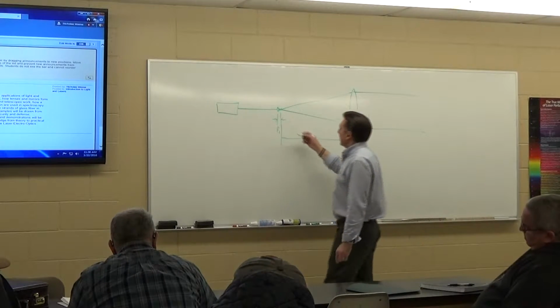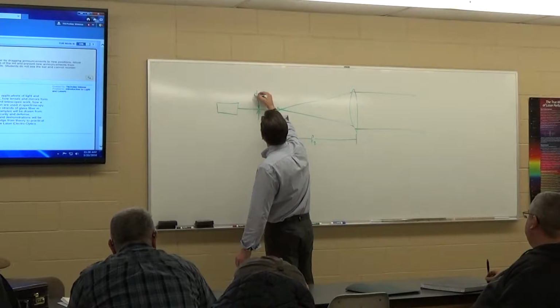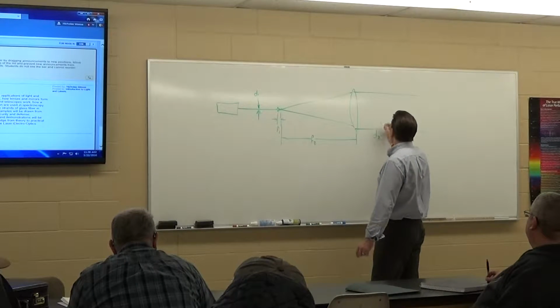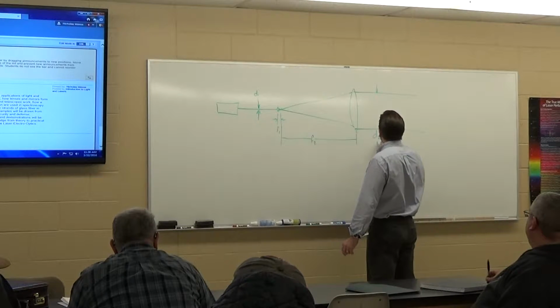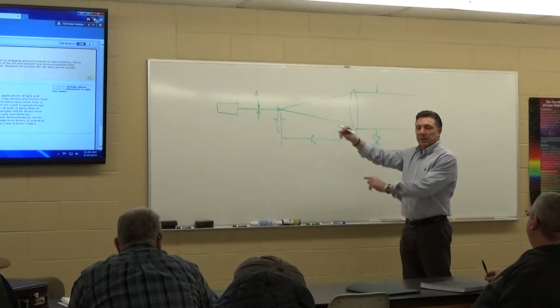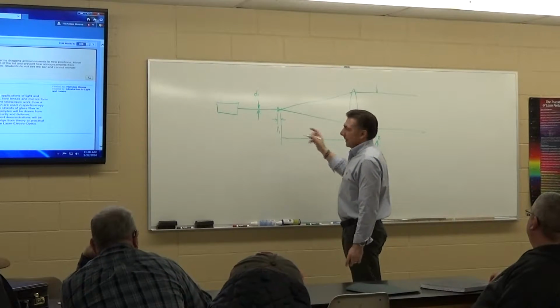And you'll find that if you have the diameter going in, diameter 1, and the diameter going out, diameter 2, these two are proportional. The longer the focal length, the more it's going to spread out, the larger the beam is going to be. This is the trick.